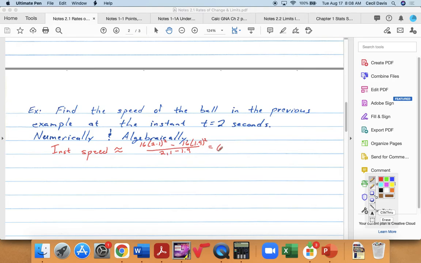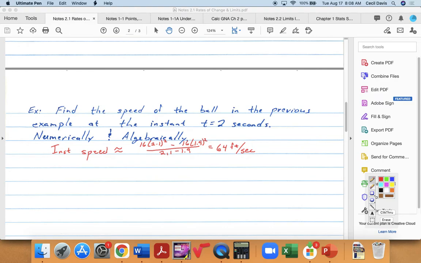It comes out to be 64 feet per second. It came out to be a pretty nice number. And actually, because of the way this particular function works, not only is it a nice number, that's actually the exact number.